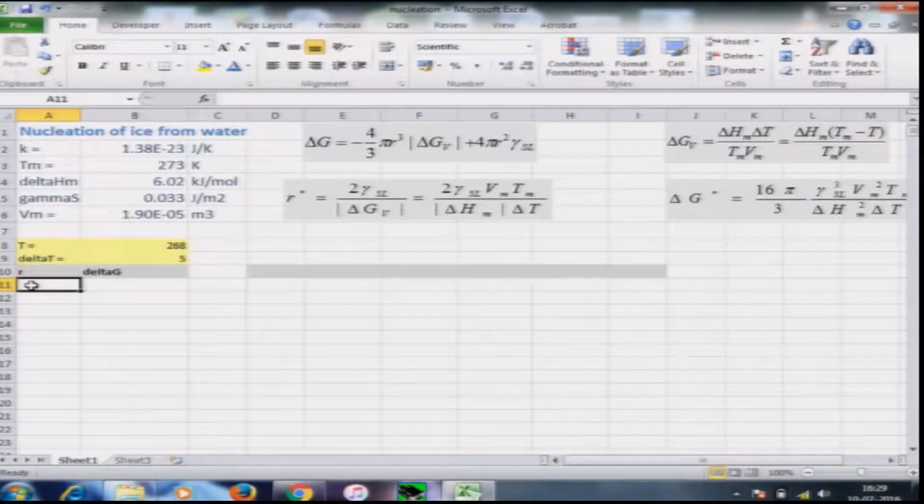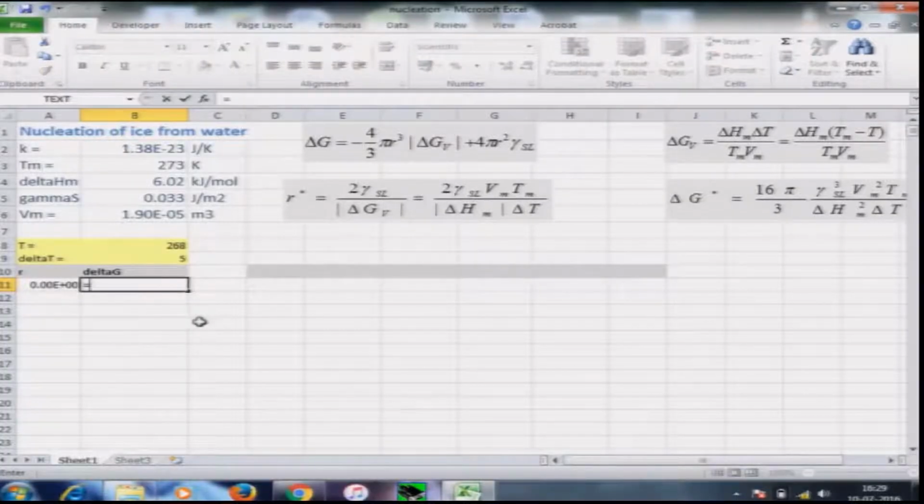If I change this temperature, the undercooling will automatically change. We will start with, let us say, 0 radius and put down the equation for delta G, as it is shown here.